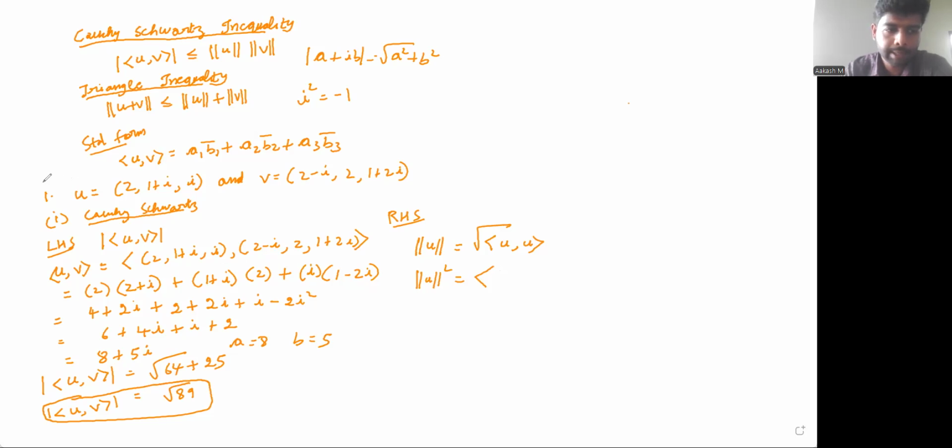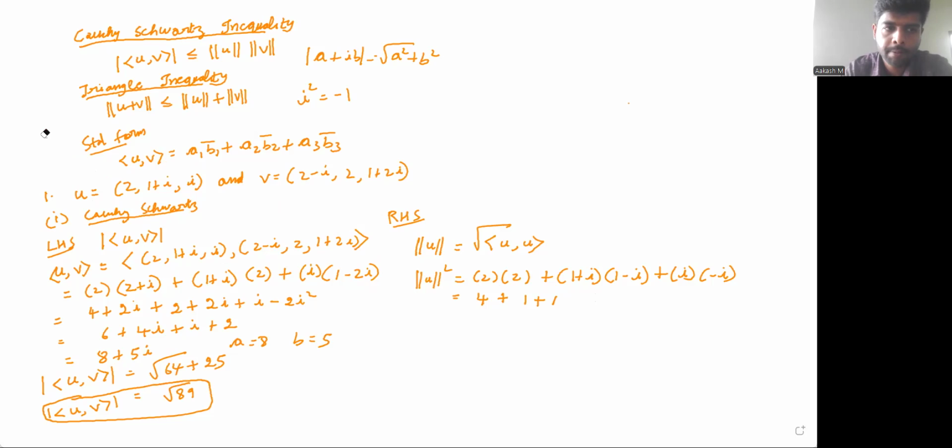Directly we can multiply it: 2 into 2, plus 1 plus I times the conjugate 1 minus I, plus I into minus I. 2 twos are 4. A plus B into A minus B is A square minus B square: 1 square minus I square. For I square, you substitute minus 1, so you get plus 1.